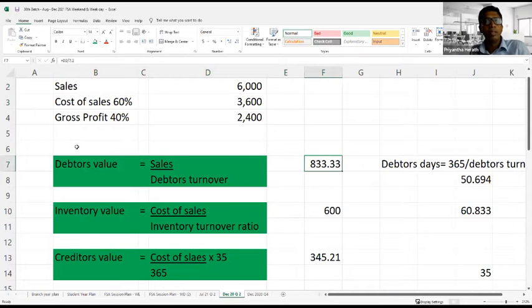So the answer is 833. And inventory value also you can estimate.